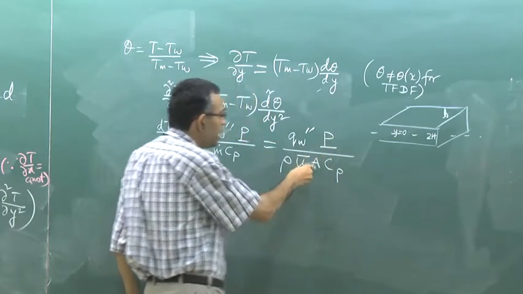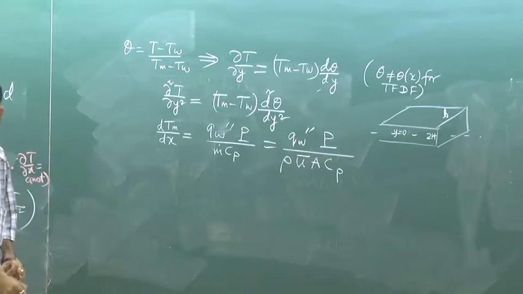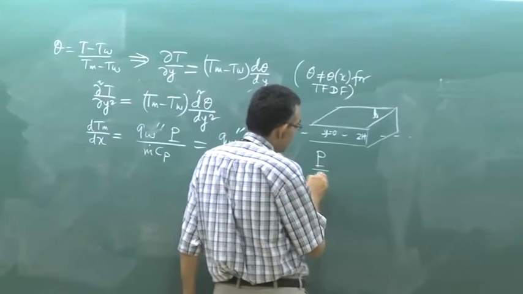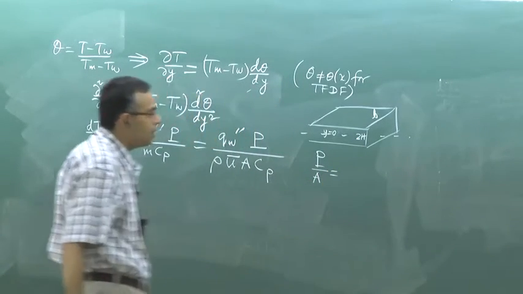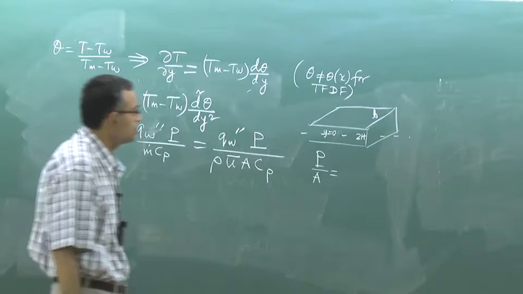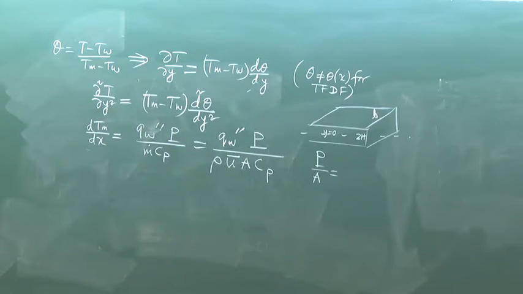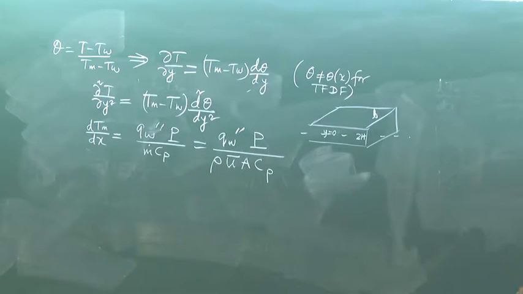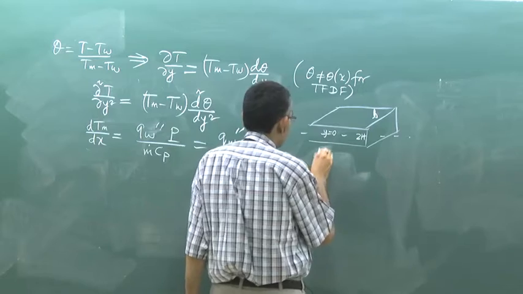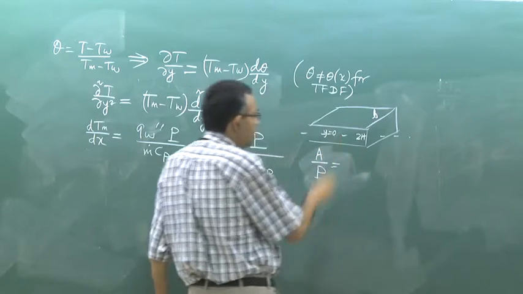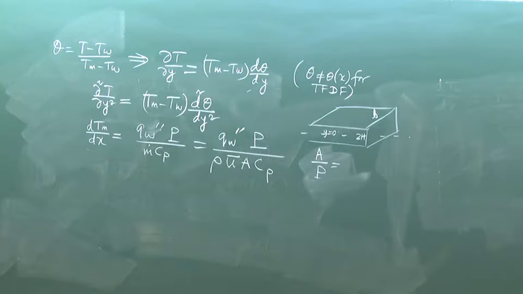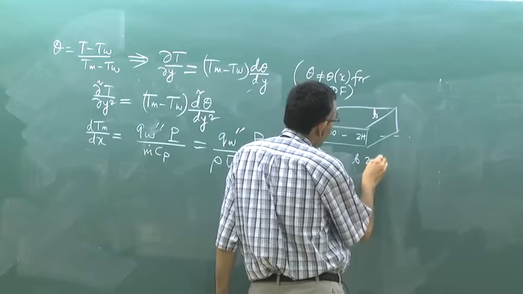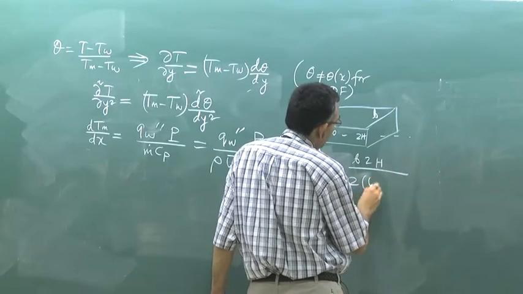So basically we have to calculate perimeter by area. Or let us calculate area by perimeter, whatever, we will invert that. Area by perimeter, what is that? B into 2h by 2 into B plus 2h, right.